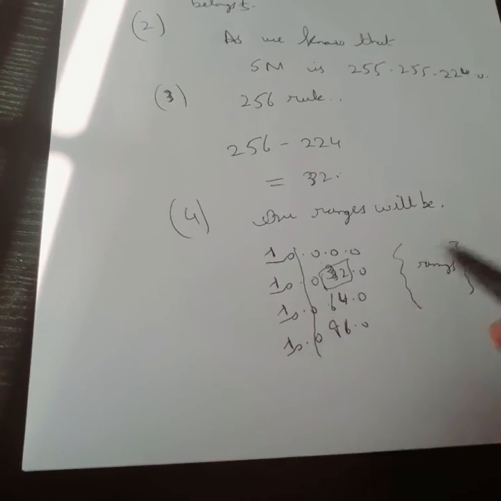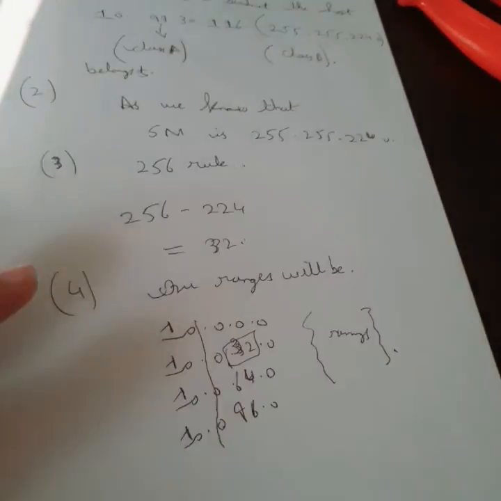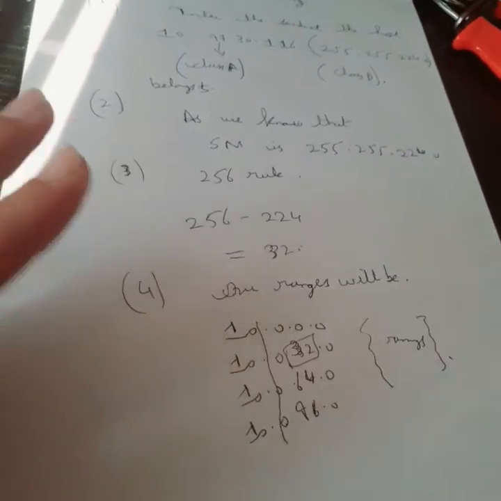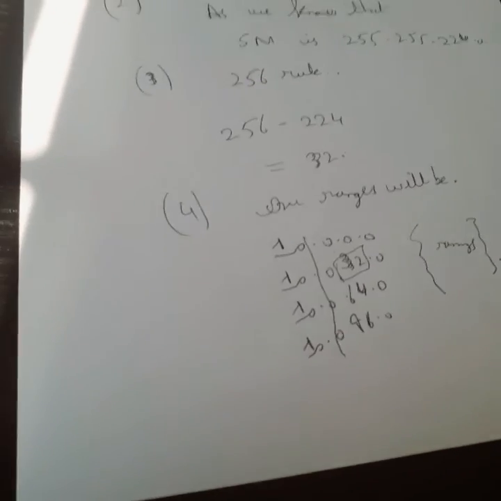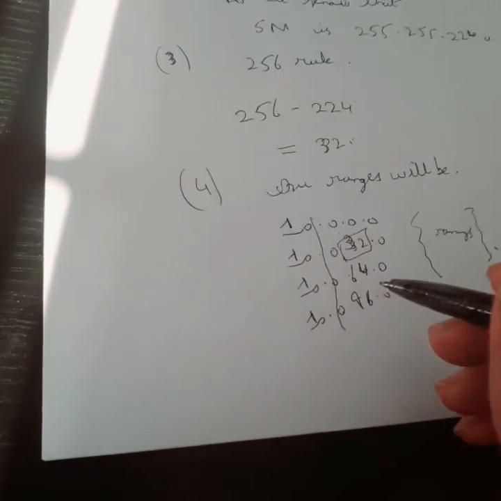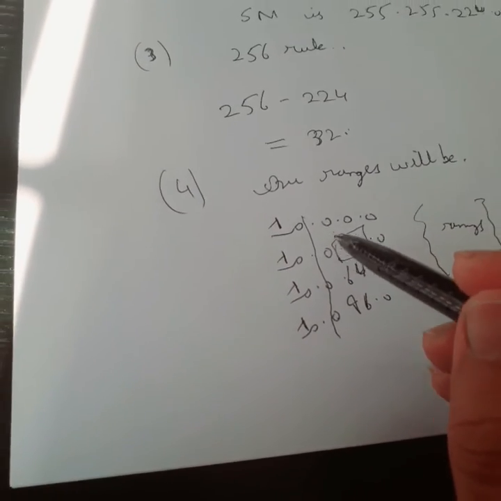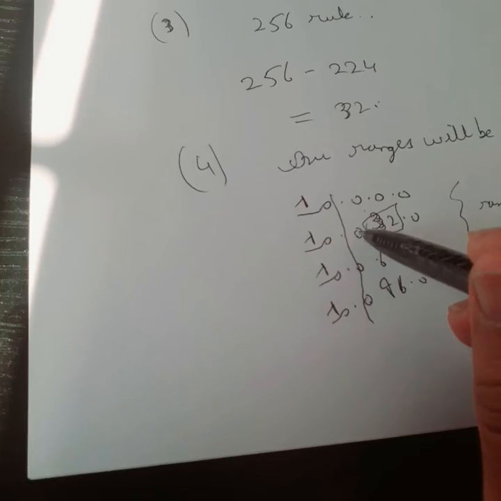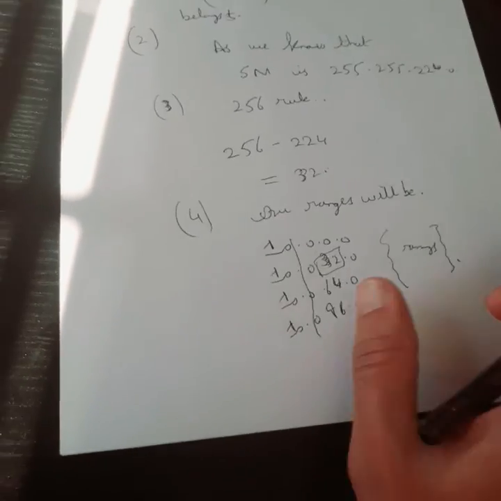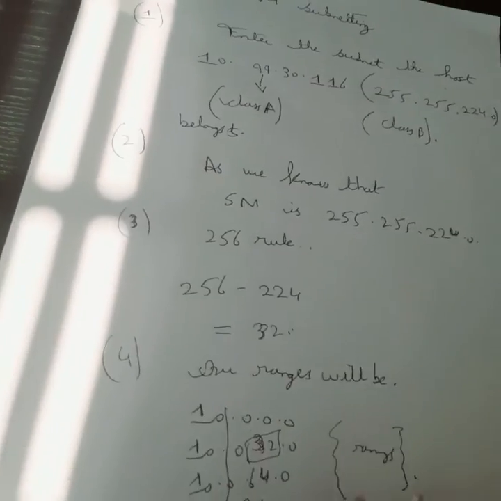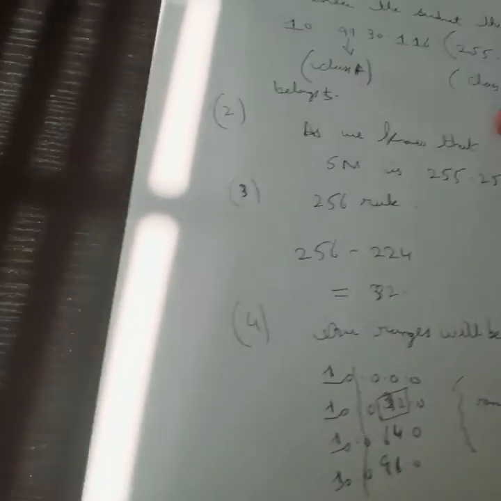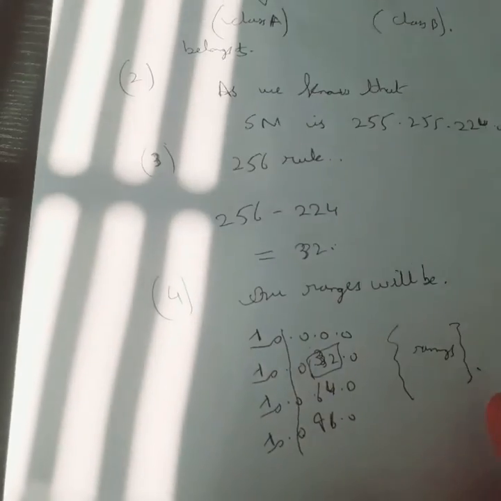All of this will remain exactly the same, nothing will be changed. Because it's a class A IP address, we have to work in this. So not to confuse you, I think I did. Sorry about that. As the pages are running short and time is short, it's all right.